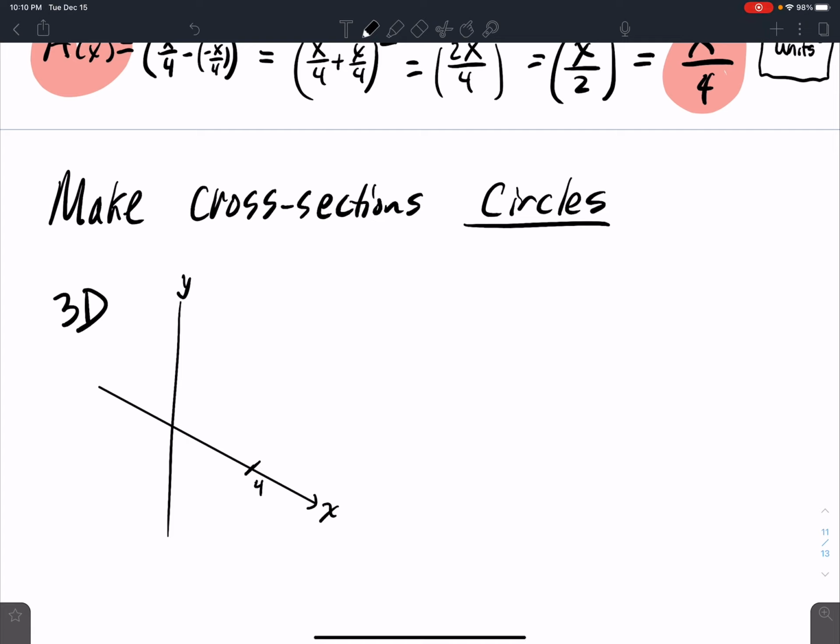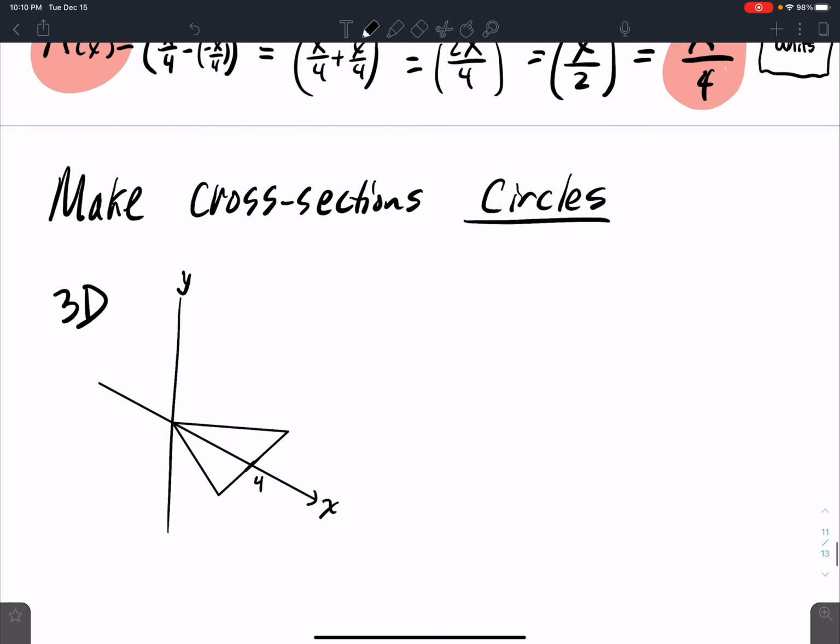So I've got this coming out here. I've got that coming over here. And then that coming in there. Okay, so some arbitrary x in here between 0 and 4.